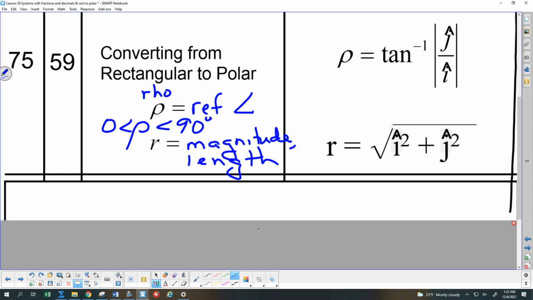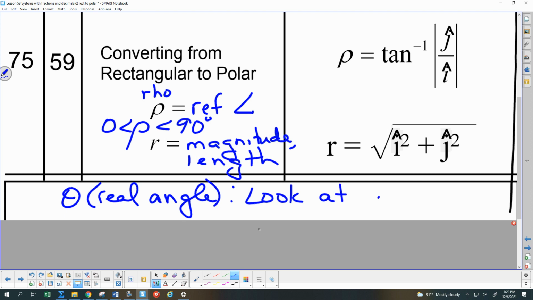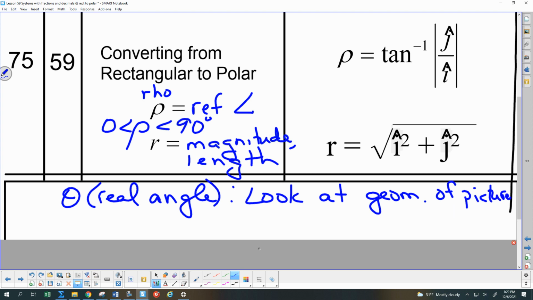Final step then, theta, the real angle. You look at the geometry of the picture. And theta is somewhere between 0 and 360 degrees.